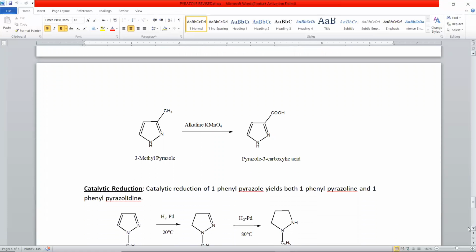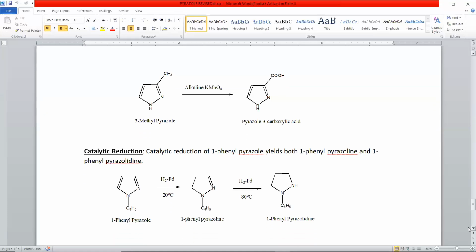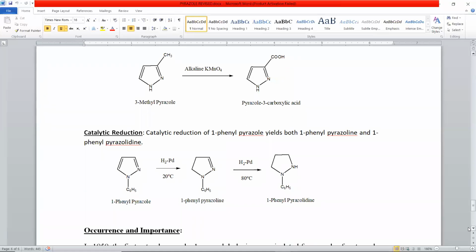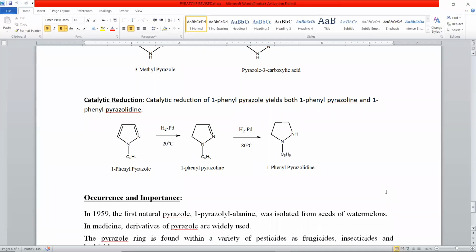Next, some examples of reductions. Catalytic reduction of 1-phenyl pyrazole yields both 1-phenyl pyrazoline and 1-phenyl pyrazolidine. So first two hydrogen atoms are added in the first reduction. In the reduction over hydrogen and palladium at 20 degrees centigrade, one double bond is hydrogenated. This double bond, the 4-5 double bond, is hydrogenated to form 1-phenyl pyrazoline.